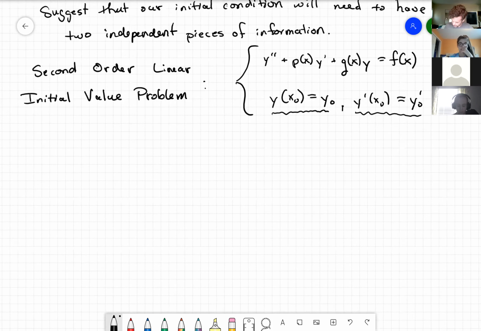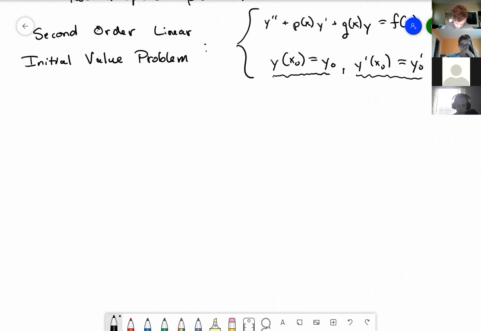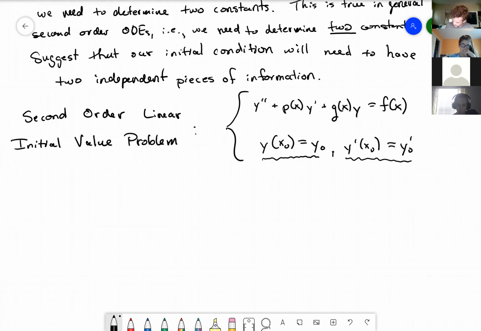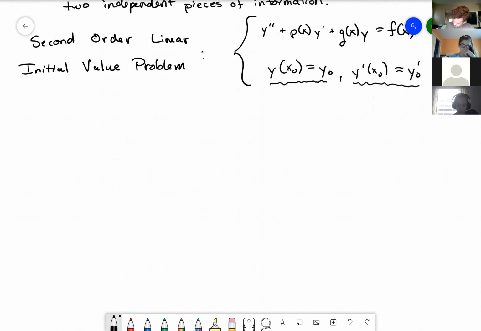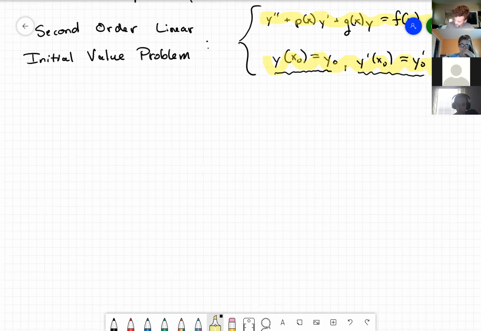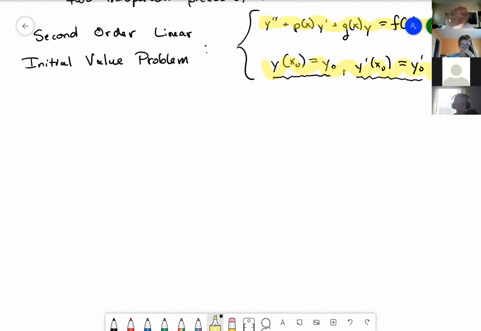So those are the two pieces of information we need in our initial condition. So this is our ODE here, and this is our initial condition. It consists of two pieces. Two pieces comprise this initial condition.